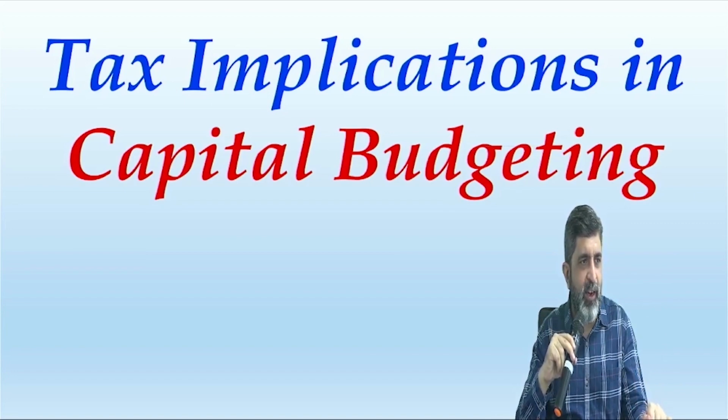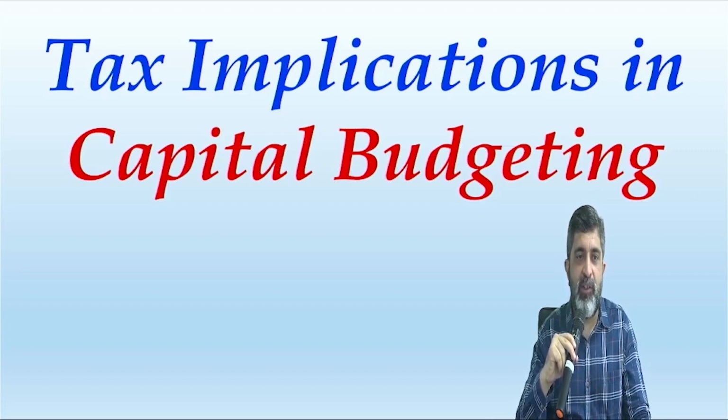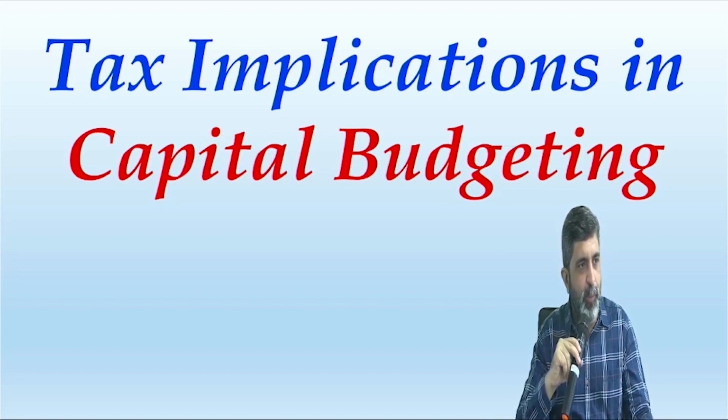Close the bracket, and after closing the bracket, write into 30%. 40 lakhs minus 10 lakhs into 30%. That equals to how much? Rupees 9 lakhs. Put a full stop. Fifth point.